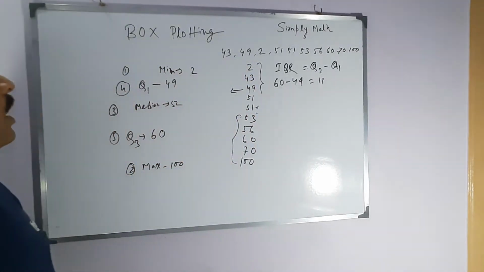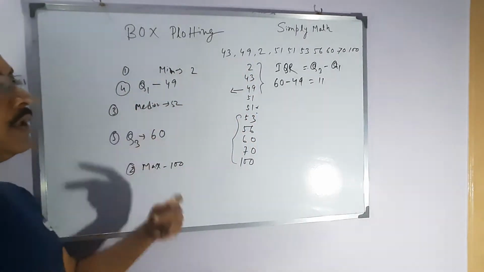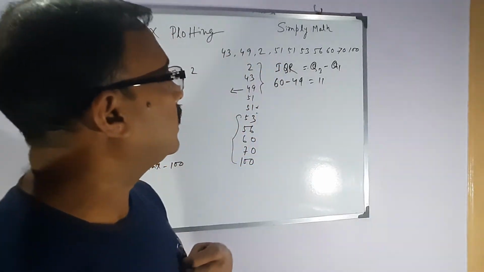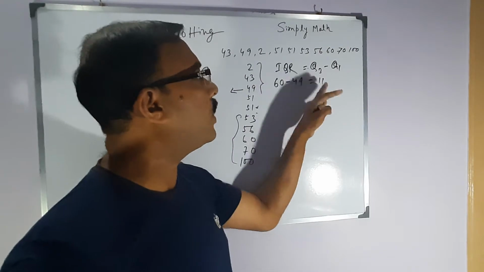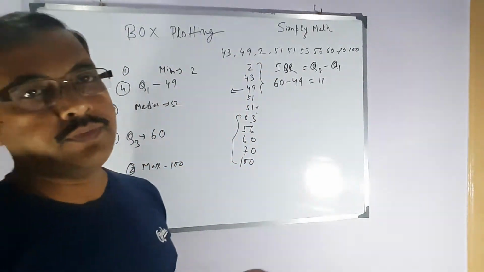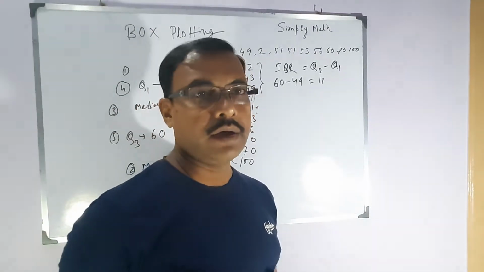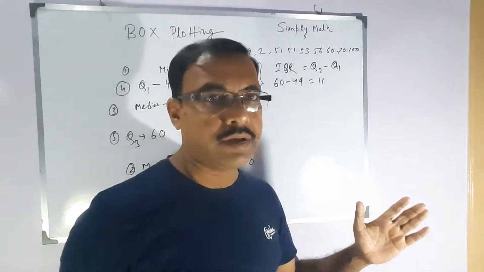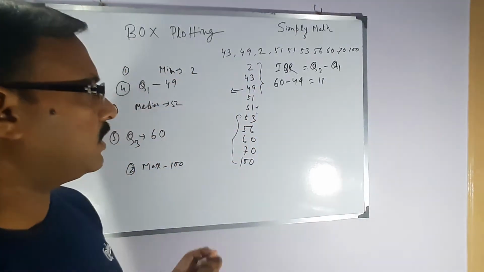Now I have to find out the interquartile range. That is interquartile range IQR I have got. So for box plotting or to find out the outlier, what will be my range? The formula is very simple.